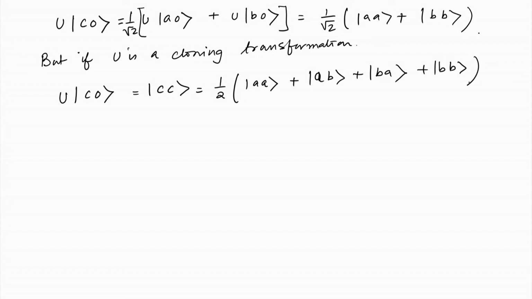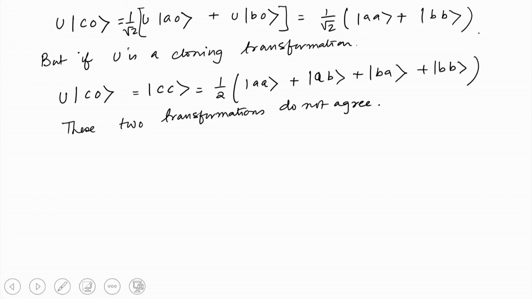So, these two transformations do not agree. Basically, what it says is that there are no unitary transformations that can clone an unknown quantum state.